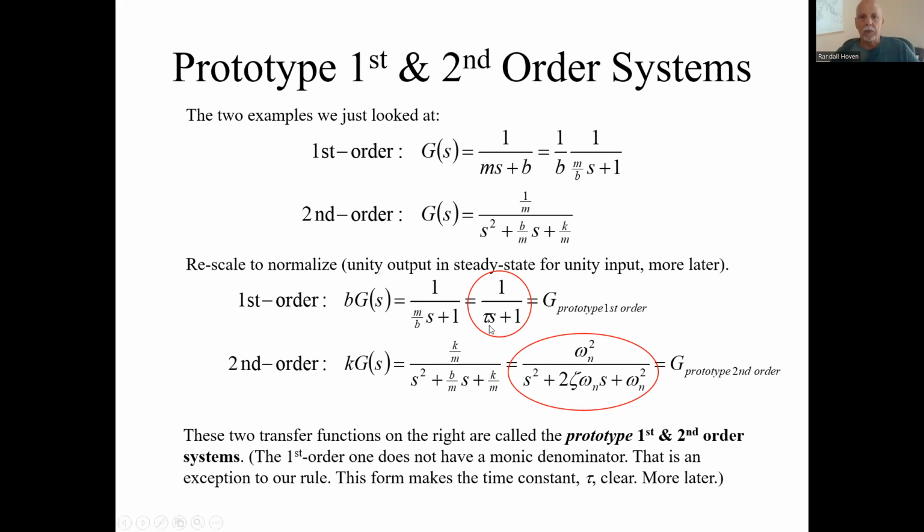And finally, these parameters, this tau, this zeta, this omega sub n, will come to have physical meaning. This tau is a time constant. This zeta is a damping factor, damping constant. Omega sub n is the natural frequency. You'll learn where they come from and why we give them those names. So we'll be working a lot with these two.